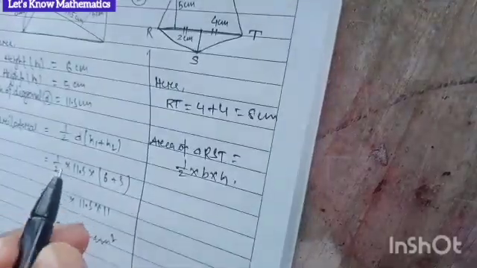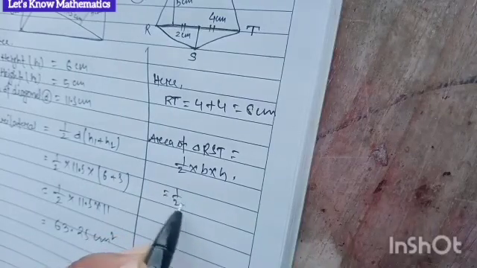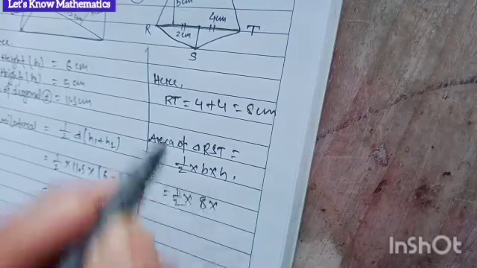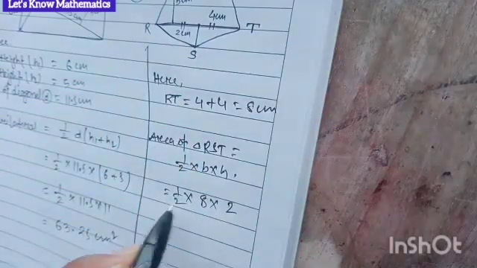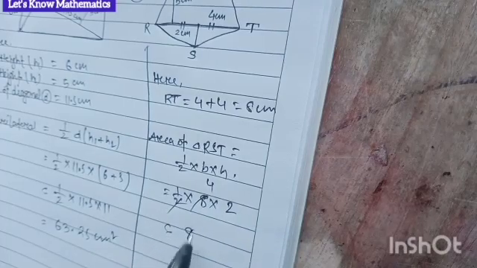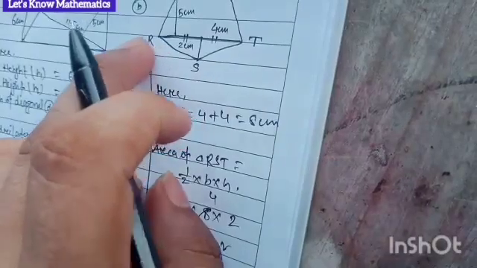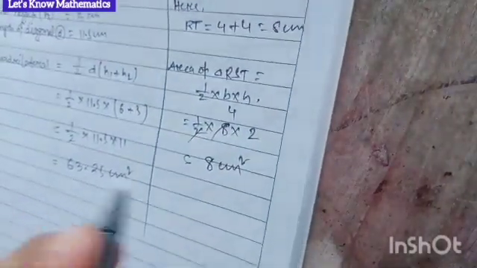The base RT is equal to 8, and the height is this one, 2. So 1 by 2 into 8 into 2, that means 8 centimeter square. For triangle RST, the area is 8 centimeter square.